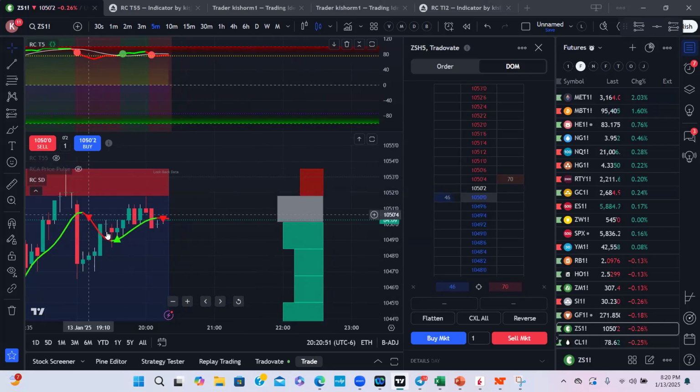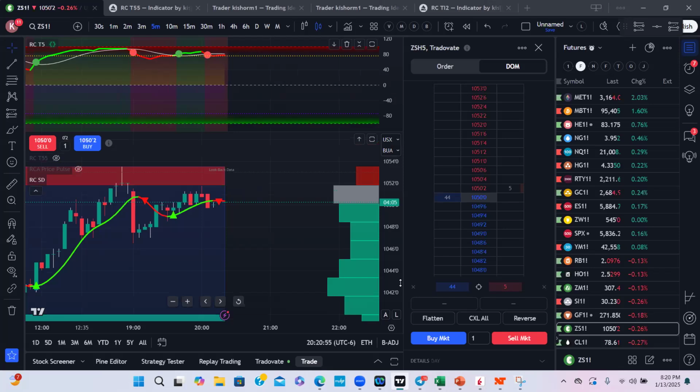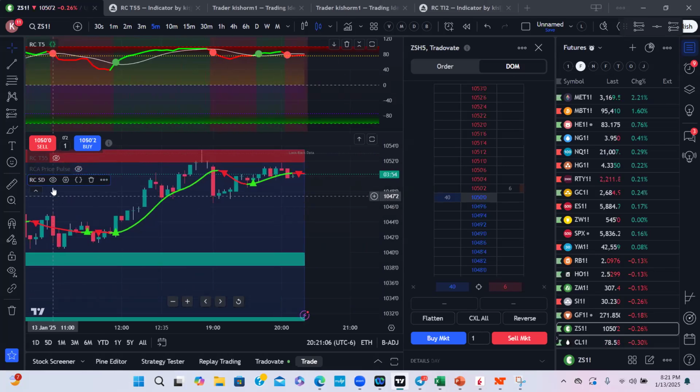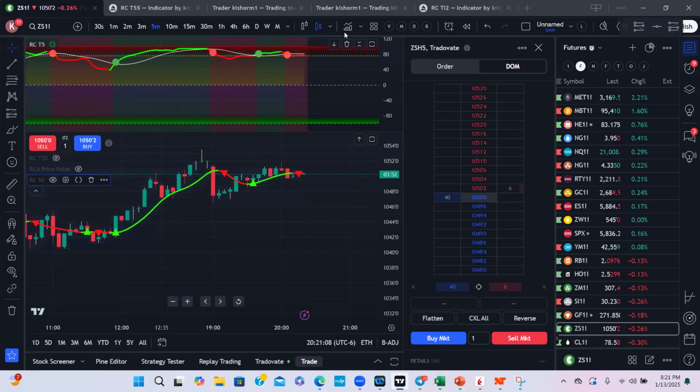So when you have sellers, it will drop. When it comes all the way, so this is demand zone or buy zone. This is sell zone. So this is one of the new indicators.